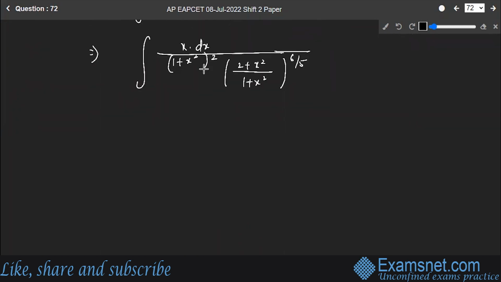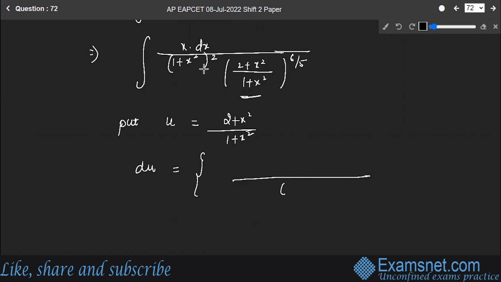Now I will put this whole expression equal to u. Put u is equal to 2 plus x square upon 1 plus x square. That means du will be given by, over 1 plus x square whole square, 1 plus x square into 2x minus 2 plus x square into 2x dx.